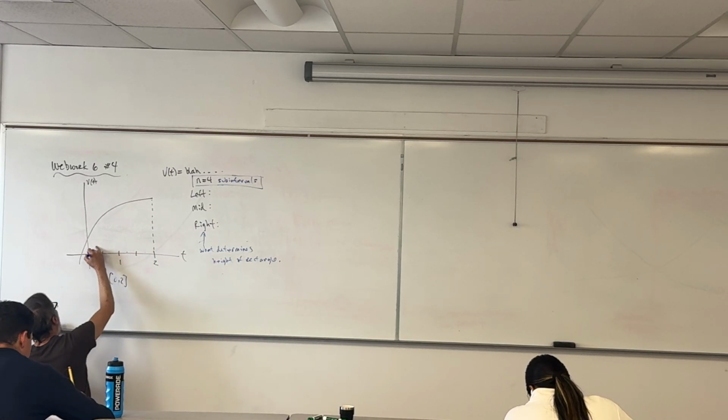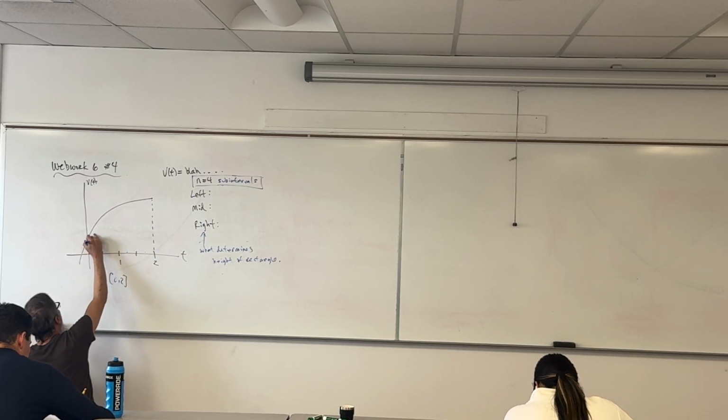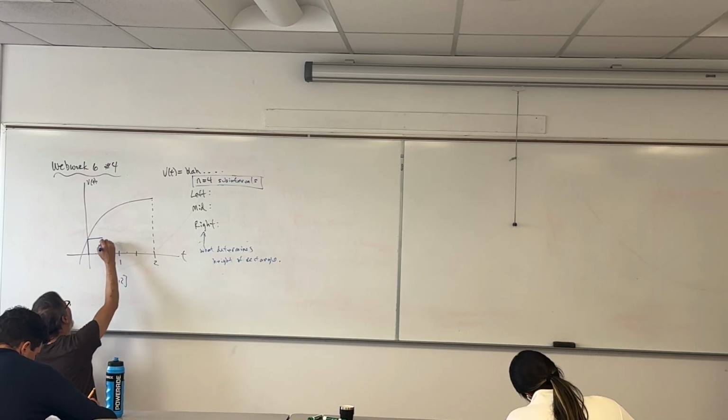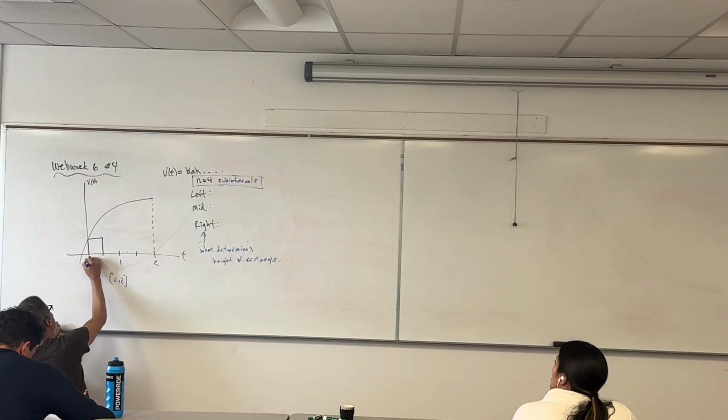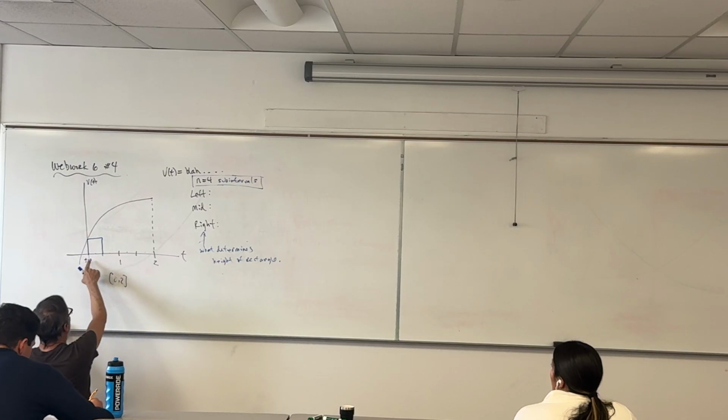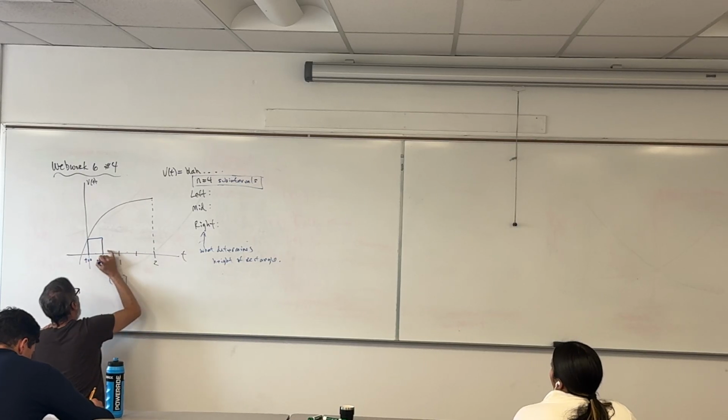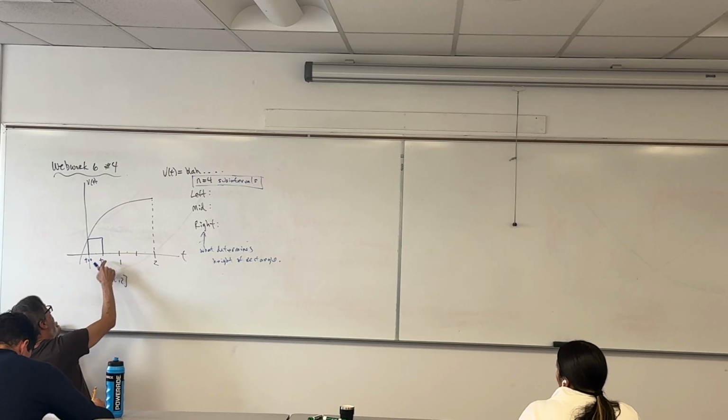I'm going to go to the left end of each and go up to the function to determine the height. So for this one, notice that I use t equals 0. And then for this one here, I'm going to use t equals 1/2.